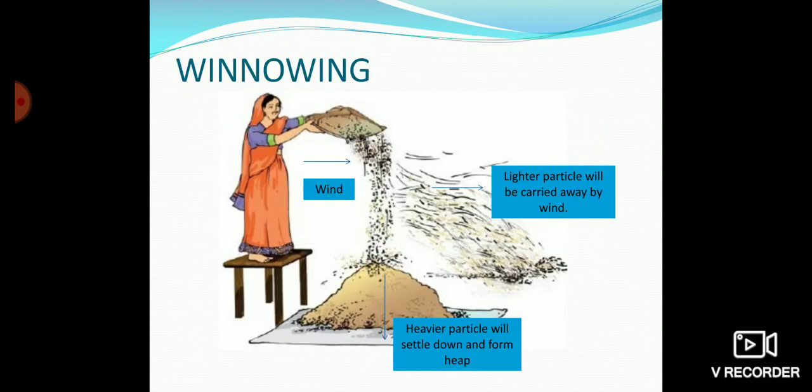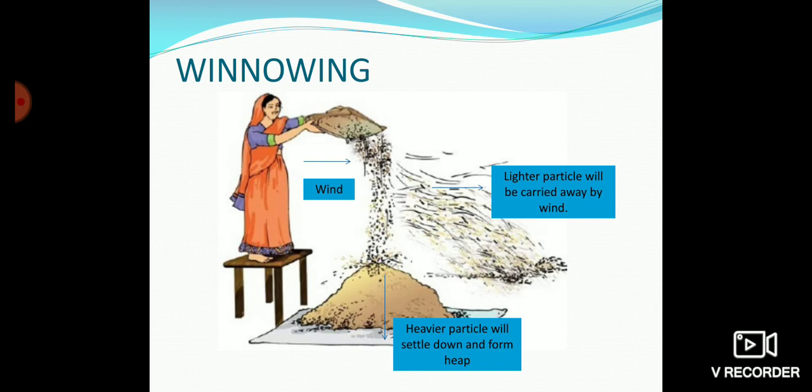Now the next method is winnowing. In threshing we have separated grains from the stalk, but can you see that these grains are covered with a brown covering? This brown covering is called husk, and we don't eat this husk.